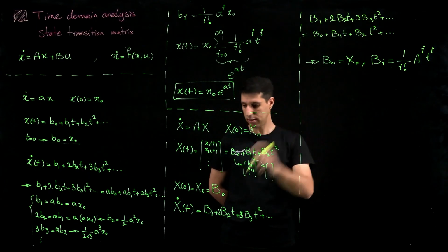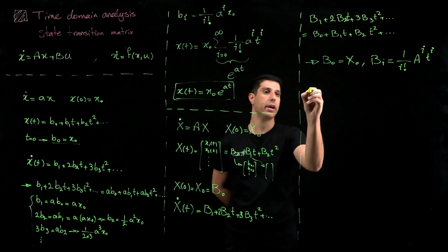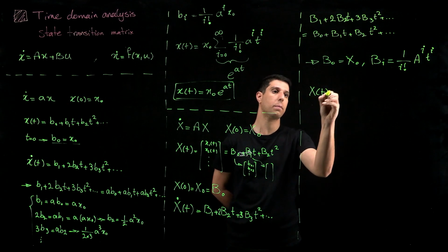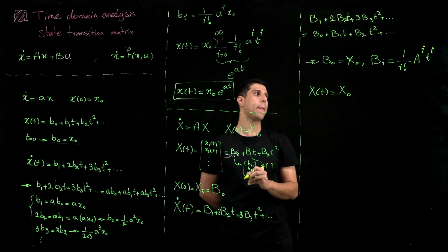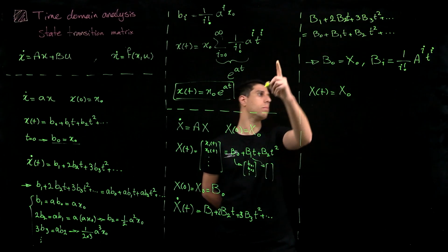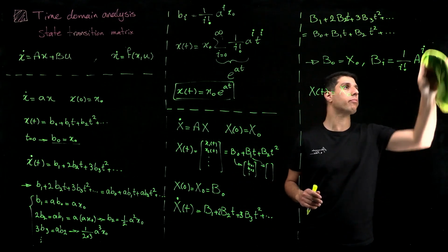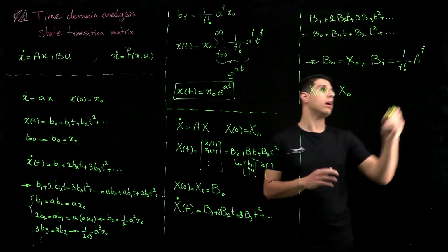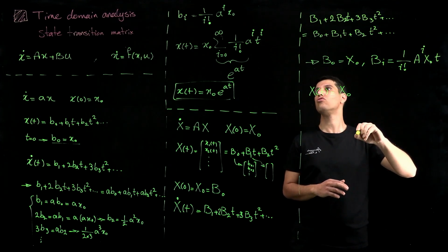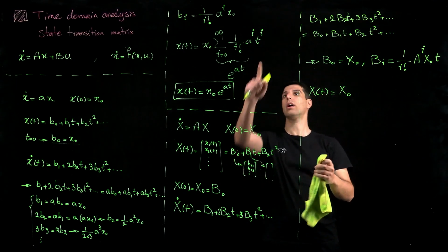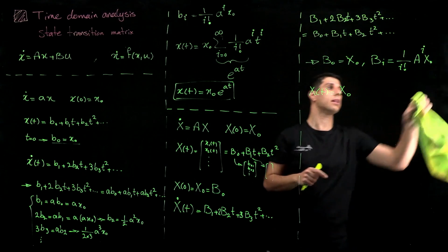And in the end, my X of t is going to be this. Wait a minute, I'm missing something. Where am I? B i. Here. X naught. Yeah.